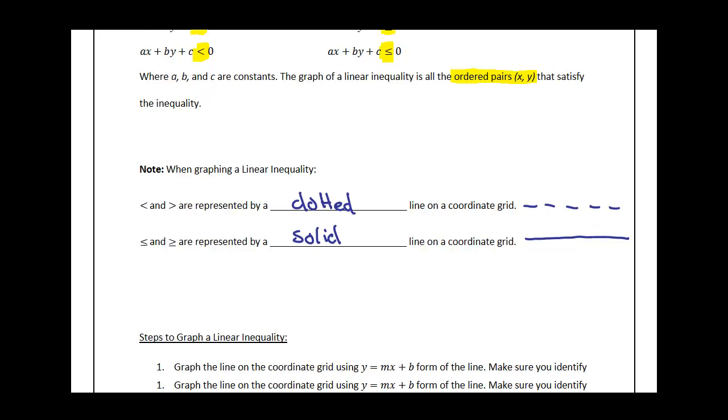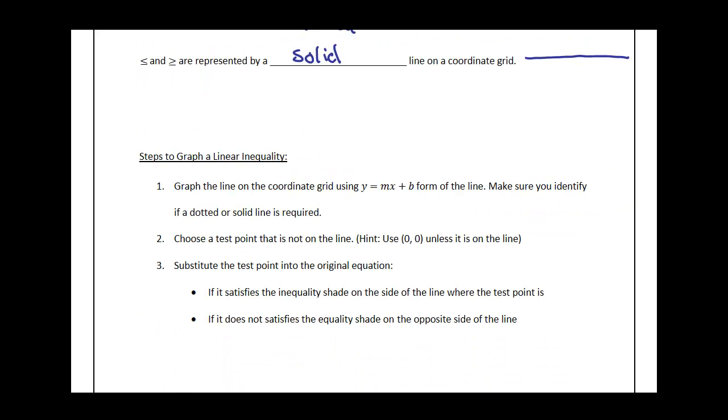Okay, now looking at our steps, we have a bit of a review on how to graph linear equations. For graphing the line on the coordinate grid, we use the y equals mx plus b form of the line. Remember that m is our slope, which is rise over run, and b is our y-intercept.